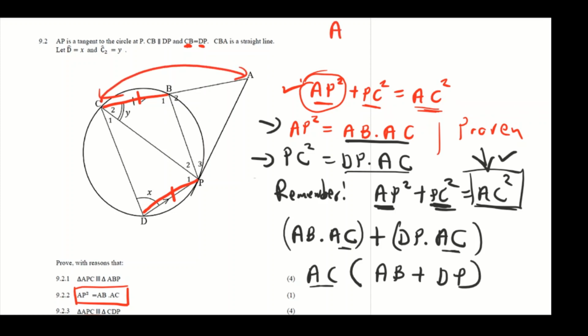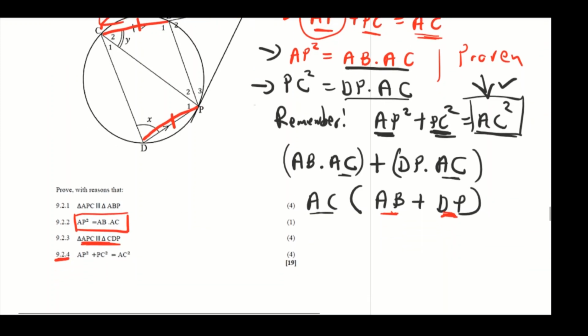So AC is a combination of AB plus BC or CB, whatever you call it. But if you check, this is AB, which forms part of the AC. Now we need to replace it with this, which means DP, we need to replace it with what? With BC, because they are equal. Both of them are equal according to this statement here.